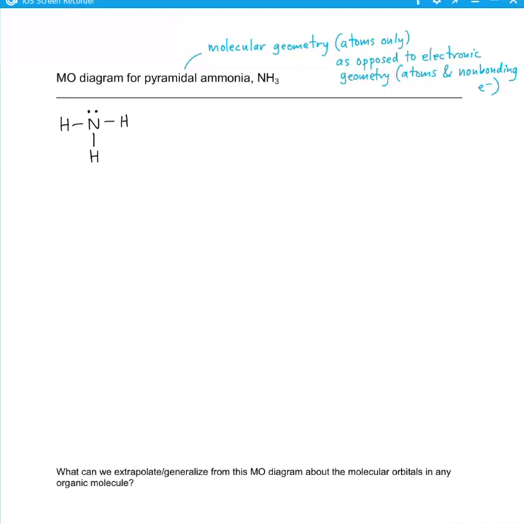So once again, our starting point for constructing molecular orbitals is to think about valence bond theory. Valence bond theory is going to tell us that each of the nitrogen-hydrogen sigma bonds is formed by the overlap of an s orbital on hydrogen and an sp3 orbital on nitrogen.